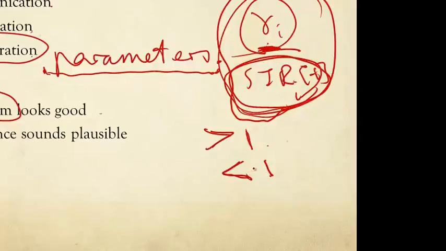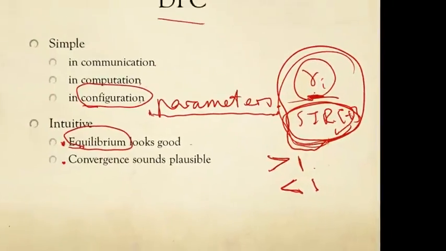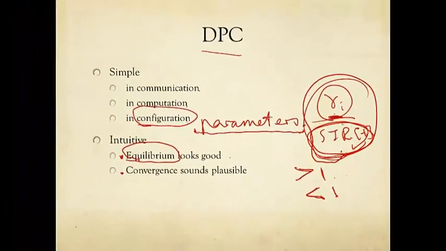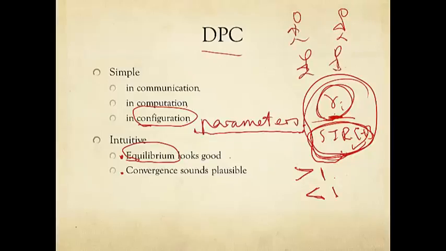It is sending basically a negative feedback that says, too much SIR, lower your power. Too little SIR, well, increase your power. Too small, relative to your target. This is all well and good, except you're not the only one in the room, or in this case, you're not the only one in the network. There are many other transmitter-receiver pairs going around here, and they all think the same way.